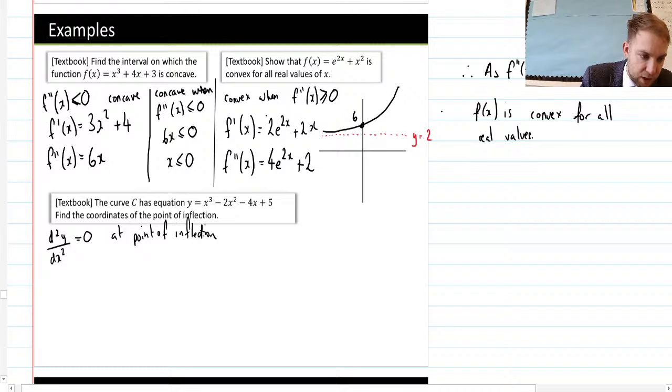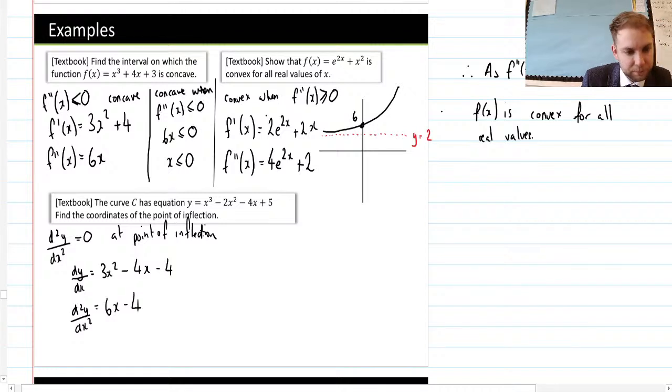Okay, so let's just differentiate this first. So dy by dx is equal to 3x squared minus 4x minus 4. So d2y by dx squared is equal to 6x minus 4.